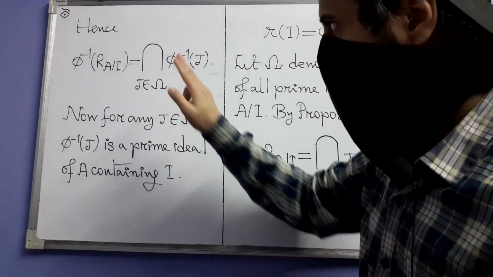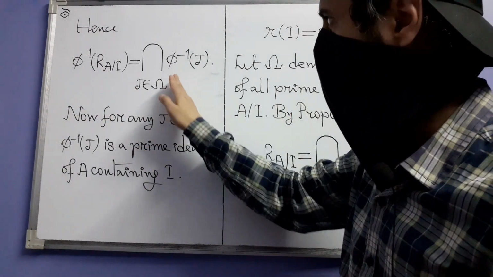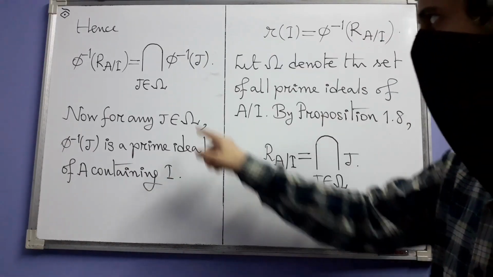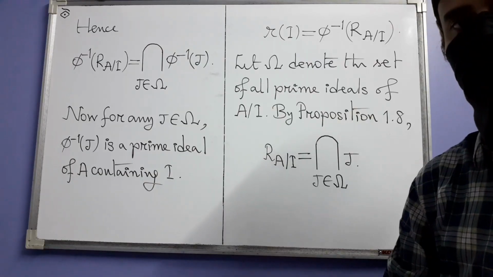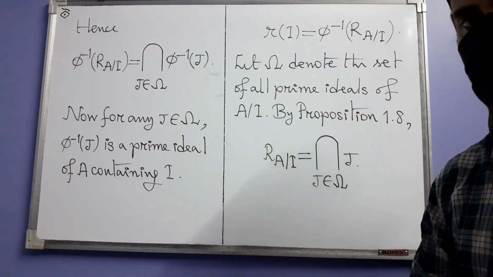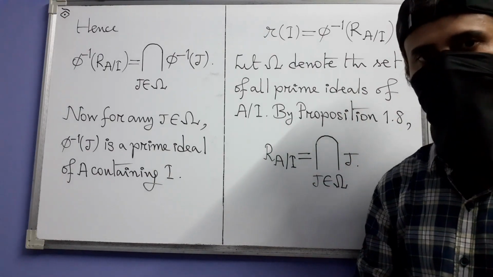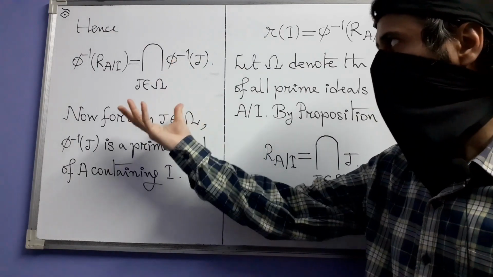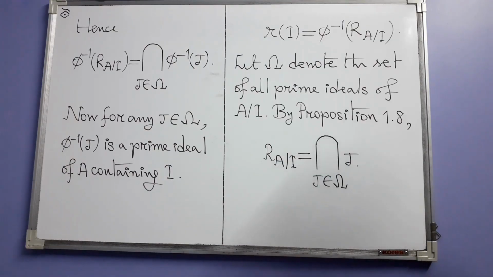And in this equation, we seem to have been able to express this as the intersection of some objects. And just now we have seen that these objects are prime ideals of A containing I, some prime ideals of A containing I. However, we want all prime ideals of A containing I. If we can show that, then this combined with this will give us our claim.